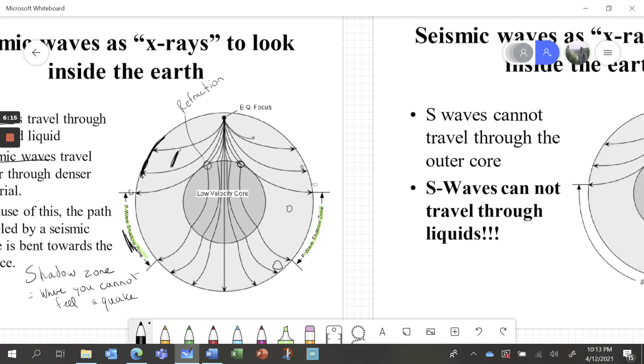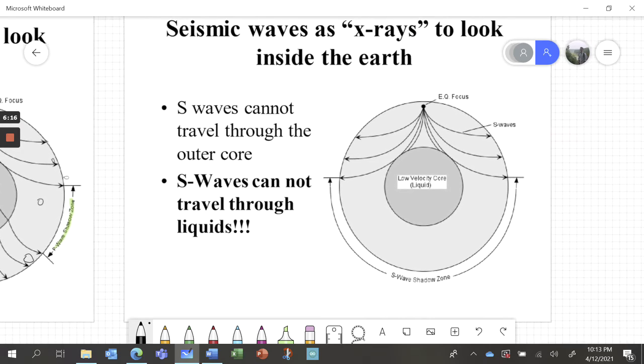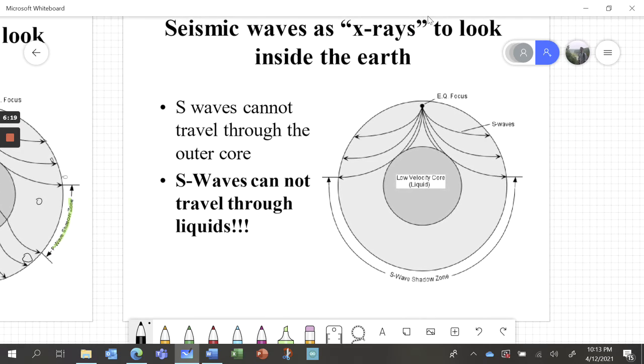Okay. S waves, their X-rays are going to look a little bit different. S waves, if you remember, cannot travel through liquids or gases. S waves can only travel through solids. So we said that essentially only the crust and the mantle were more or less solid.